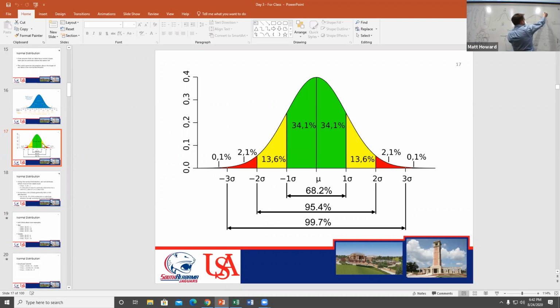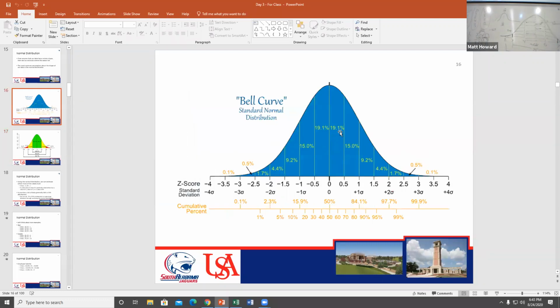They would fall right here. We could calculate all of these frequencies to the left of that z-score. In this example, for a z-score of 1, we would take 0.1 plus 0.5 plus 1.7 plus 4.4, and so on.